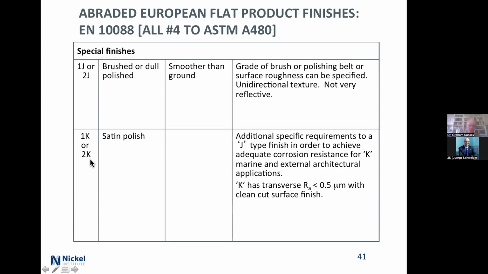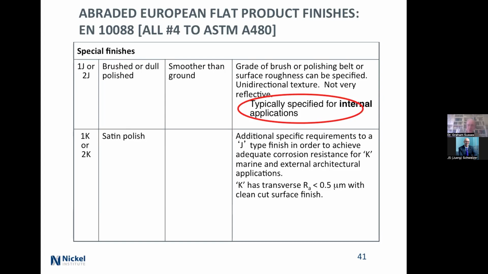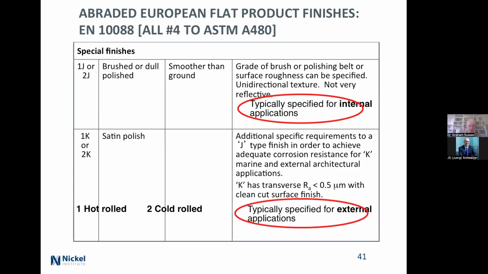Whereas this 2K finish absolutely is specified in the European EN 10088-2. And so just polish, yep, that's indoors. If you're going outdoors, get better than 0.5 micrometer. And if it's a 1 in front, this is the American thing, then it's a hot roll. If it's a 2, it's a cold roll.